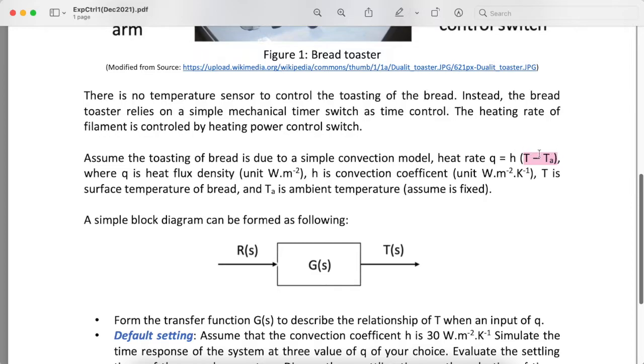That temperature difference would be the temperature of the bread surface and the ambient temperature. So assume the outside temperature is far away, even though in reality it may not be as far as it is, but here we use the simplified model and assume the ambient temperature is fixed.